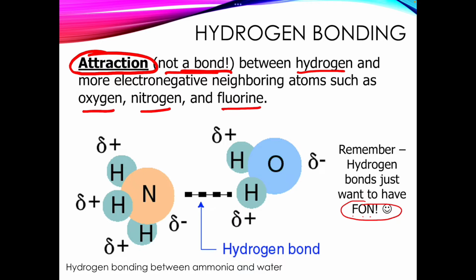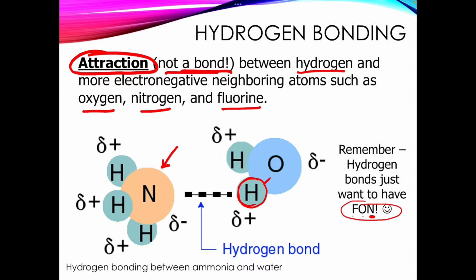So here's how we'll recognize it. We're going to find a really electronegative atom, like nitrogen, because nitrogen shows up in FON, and it's going to be attracted to a hydrogen on a different molecule that is bonded to a different really electronegative atom. So I like to think of this as like a hydrogen sandwich.